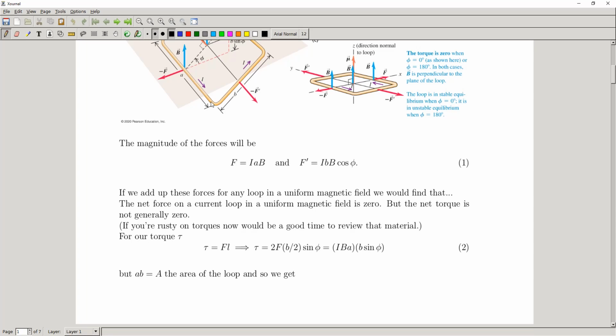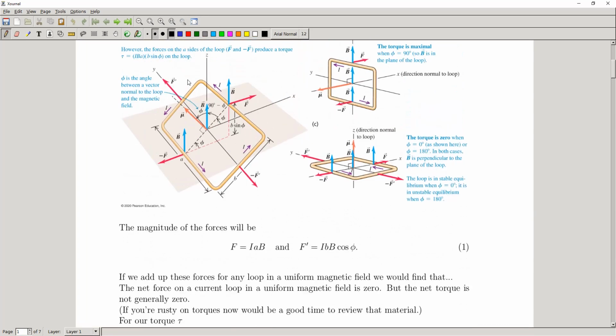If we substitute in this expression for our F and clean things up, we end up with this expression here. But we can go even further, because AB, these are just our 2 side lengths. A times B is just the area of the loop, right? It's the area of this whole loop.